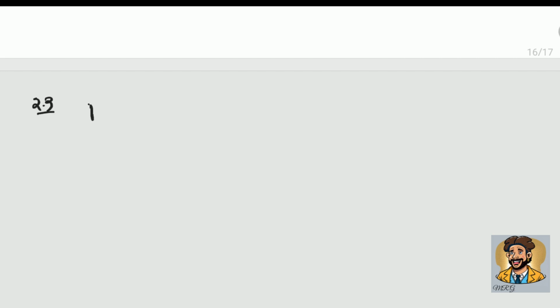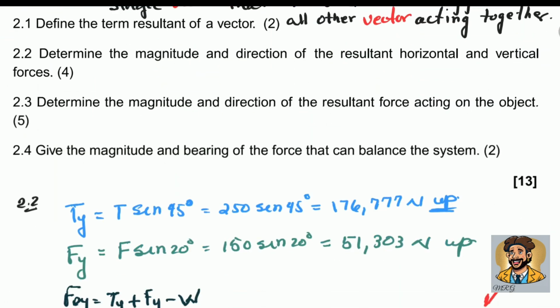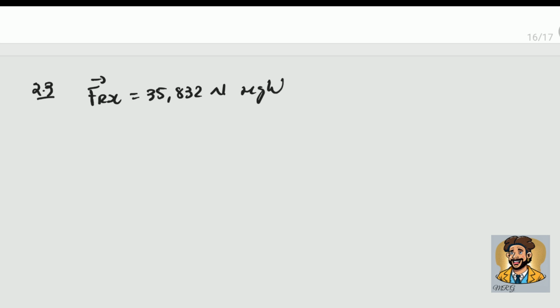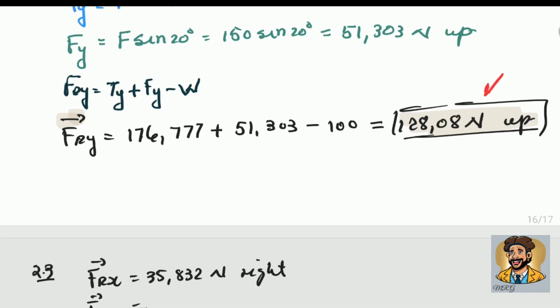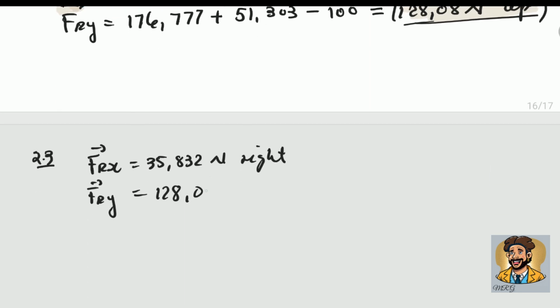So we have that the resultant force in X was equal to 35,832 Newton to the right, and we have that FR in Y is equal to 128,08 Newton.